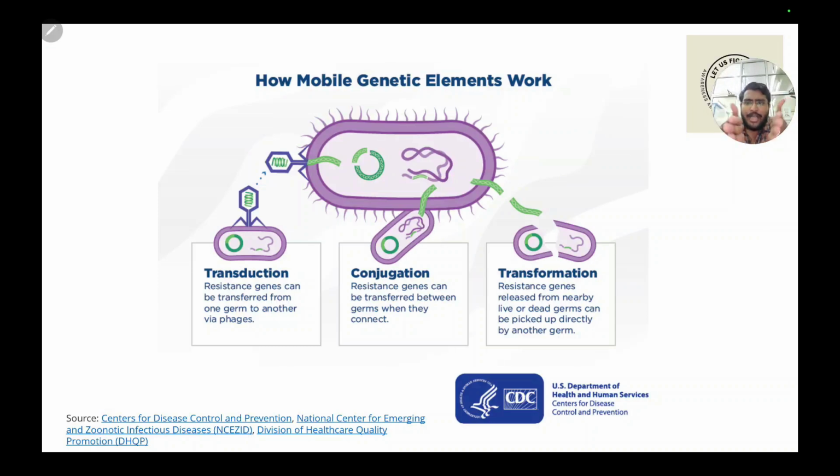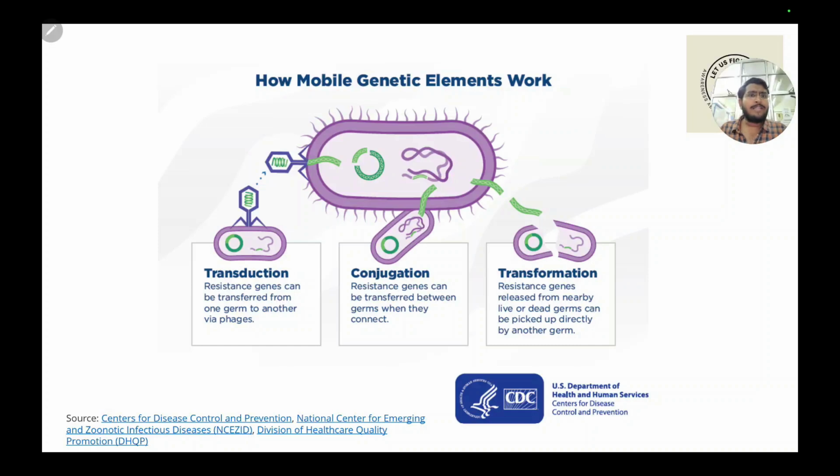So this is actually coming in close contact with each other, forming a bridge and exchanging the genetic material. So the resistant strain can pass a copy of resistance to the non-resistant one, and now even this bacteria has turned resistant.